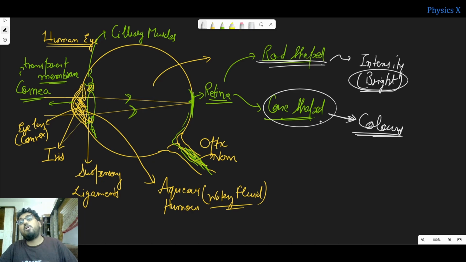These two types of cells are present in large numbers on the retina, and they provide the brightness and color information, which is perceived as the image and sent to your brain. So this is how the optics work in the case of the human eye.